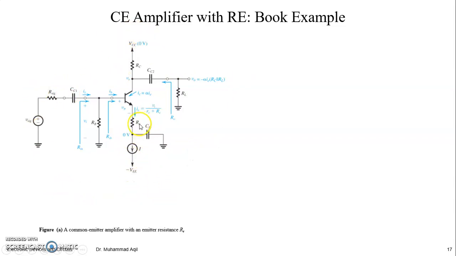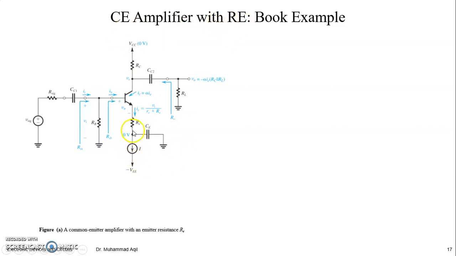Okay, so in the AC part, this resistance, capital R capital E, will still be available. So that's why he used capital R small e. So please don't get confused with this one, right? And he also showed in general that maybe you have many resistances at the emitter, all of them bypassed, but if only one is present here, you still have a common emitter amplifier with emitter resistance, right?